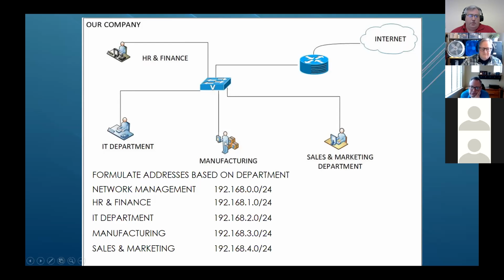Say in our case, because we have a NAC system that keeps track of it all, a person in manufacturing has a device registered as a manufacturing person. He moves over to the sales and marketing building, and they would just give him a manufacturing address.